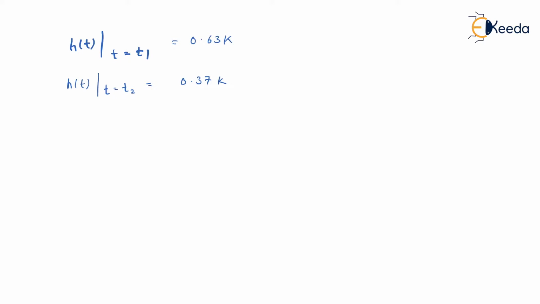So this is the given data, which we have derived from the given graph. And now let me write the h of t expression. The h of t expression is k times e to the power minus alpha t.